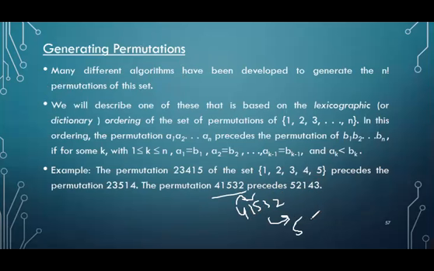After 5 we will keep 1 2 3 4. So the permutation after 4 1 5 3 2 is 5 1 2 3 4, and the next ones will be 5 1 2 4 3. These are the numbers which will be in the dictionary order.